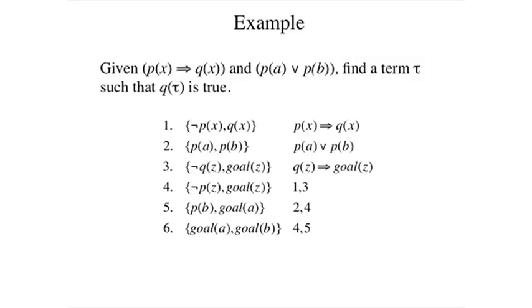Start out as before by resolving our goal clause with the clause on line 1, producing the result on line 4. Next, we resolve this result with the clause on line 2, resulting in the clause on line 5. Okay, now there's a non-goal literal in this result, so we can't stop just yet. We want to stop only when we have clauses containing only goal literals.